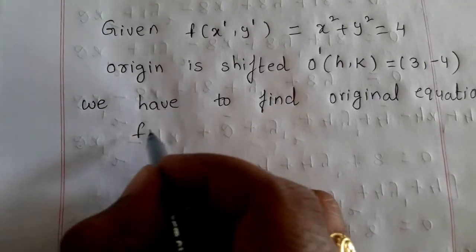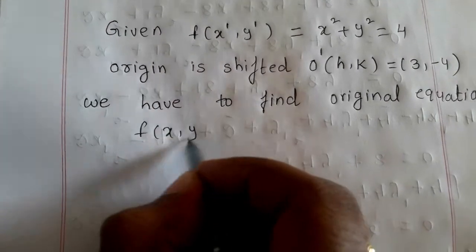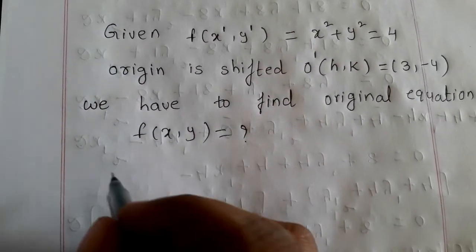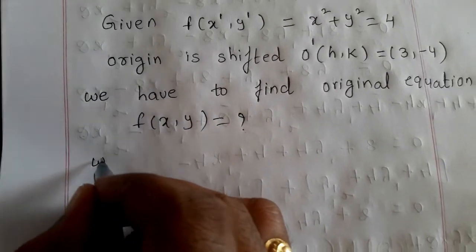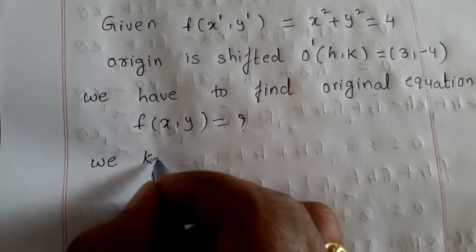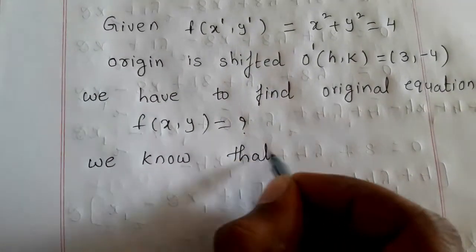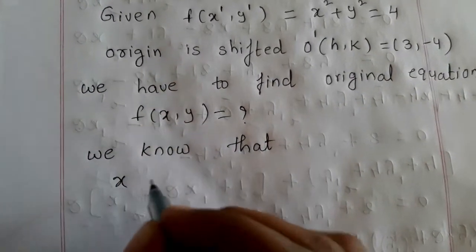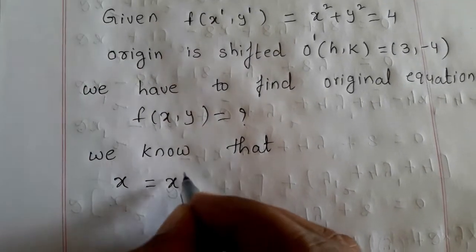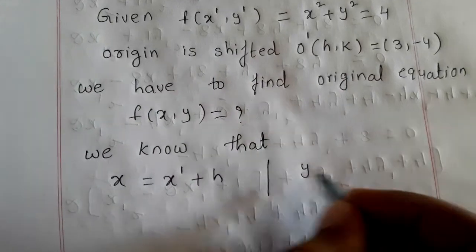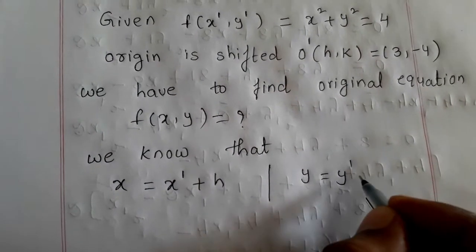That is f of x comma y we have to find. So we know that x is equal to x dash plus h, y is equal to y dash plus k.